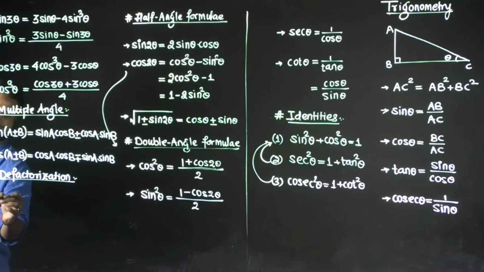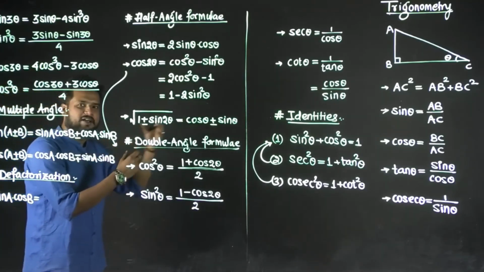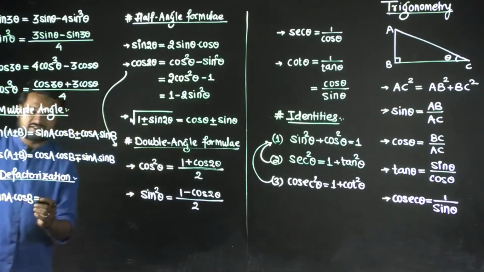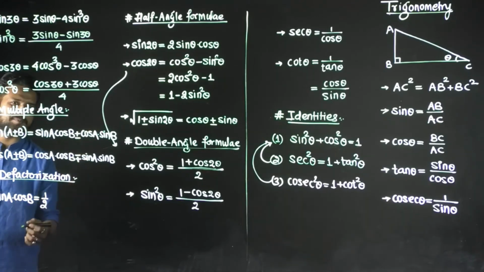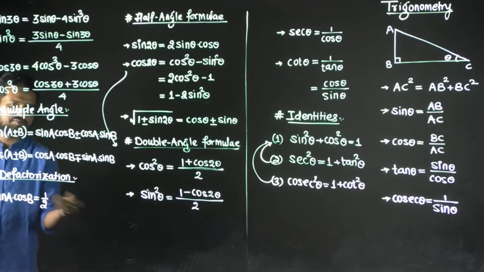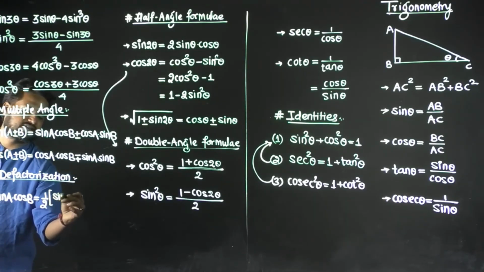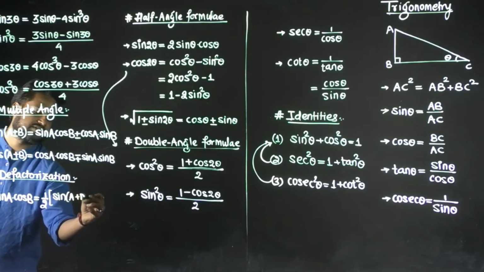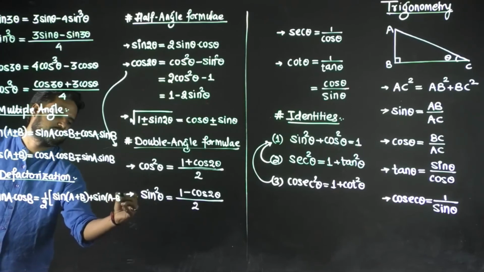Like if I have sine A and cos B multiplied, this can be defactorized like this: half. 11th standard people have studied it as 2 sine A cos B, so I'm just taking that 2 to the right hand side. Half, so inside we have sine of A plus B plus sine of A minus B.